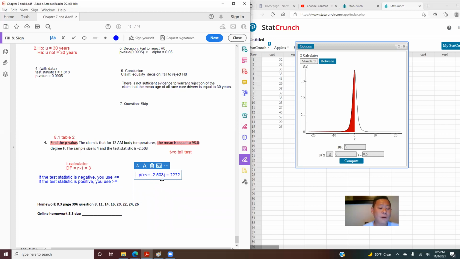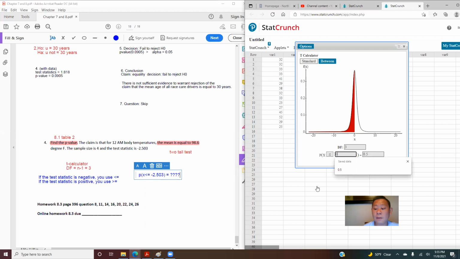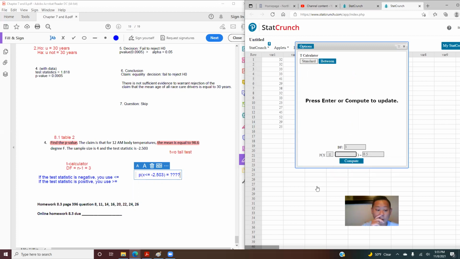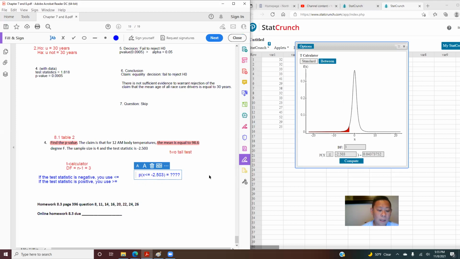Okay, so in your StatCrunch, this is what you need to type in. Degree of freedom is 3, which is 4 minus 1 because we got 4 sample size. x is less than negative 2.503. This is the test statistic, and you hit compute. So this number in this case is 0.04373752.